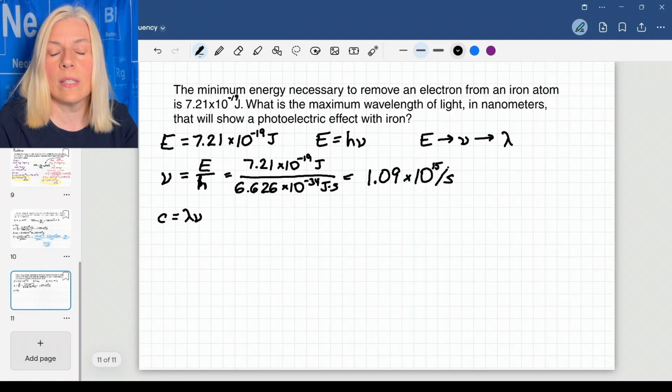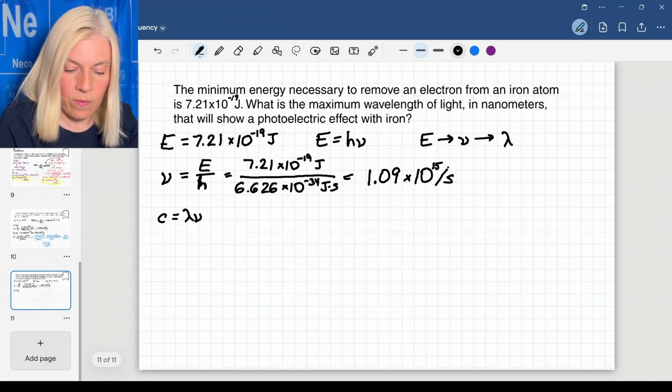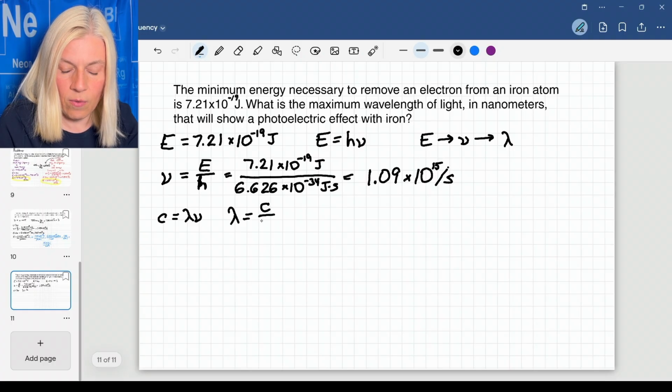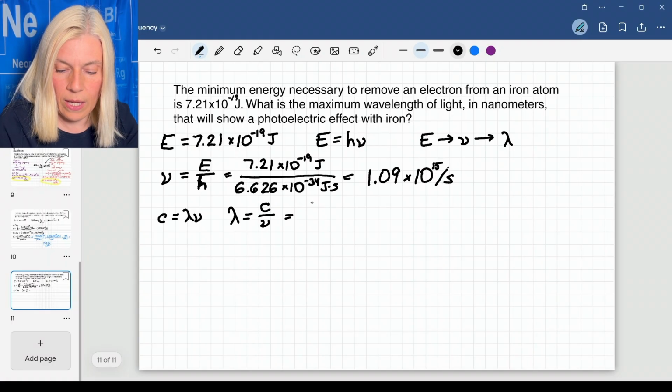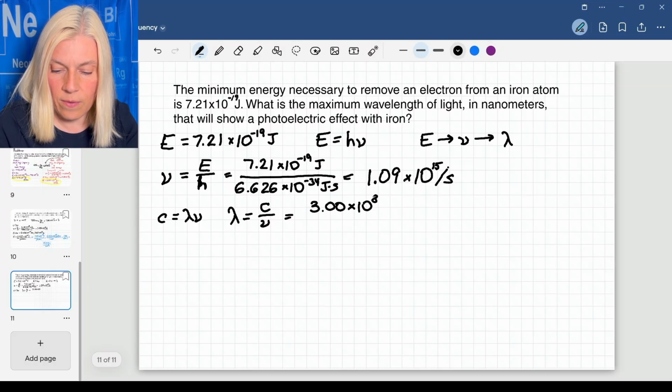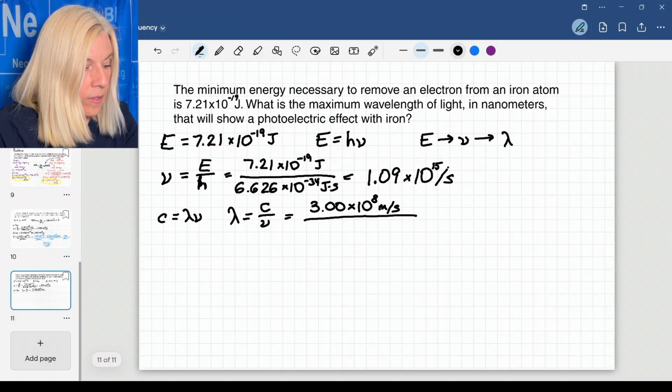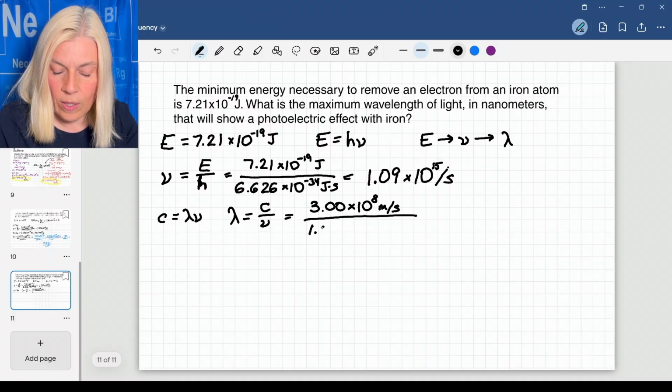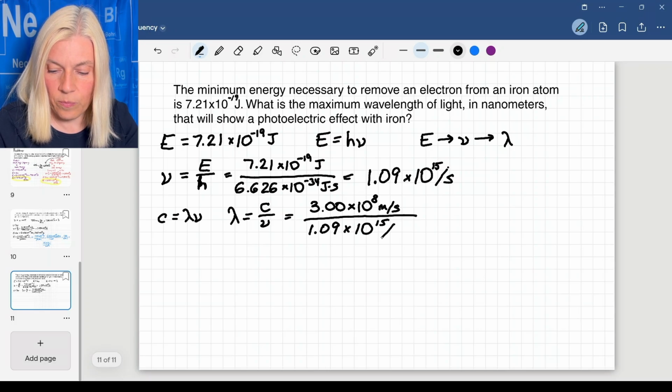And c equals, yes, speed of light equals wavelength times frequency. I know frequency, so what's my wavelength? So wavelength equals speed of light over frequency. So we will have 3.00 times 10 to the 8th meters per second divided by the frequency that I just found, 1.09 times 10 to the 15 per second, right?